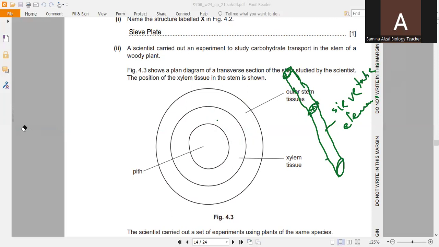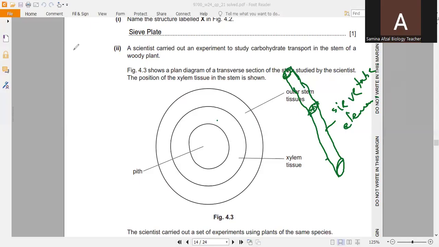It shows a transverse section of the stem studied by the scientists. The position of the xylem tissue in the stem is shown. Here you can see the outer tissue, xylem tissue, and pith.